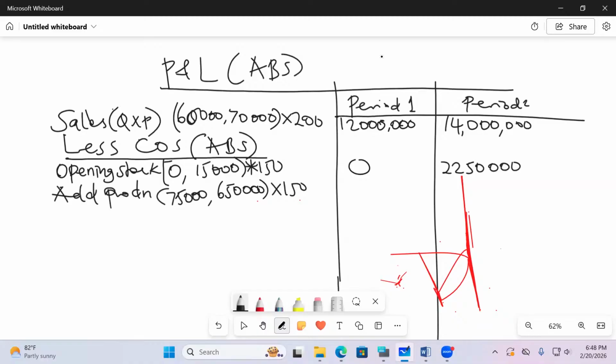So do you have the figures for period 1? 75,000 times 150 gives us what figure? 11,250,000. And then we have 65. Actually, this is 65, right? Sorry for that. This is supposed to be 65,000.